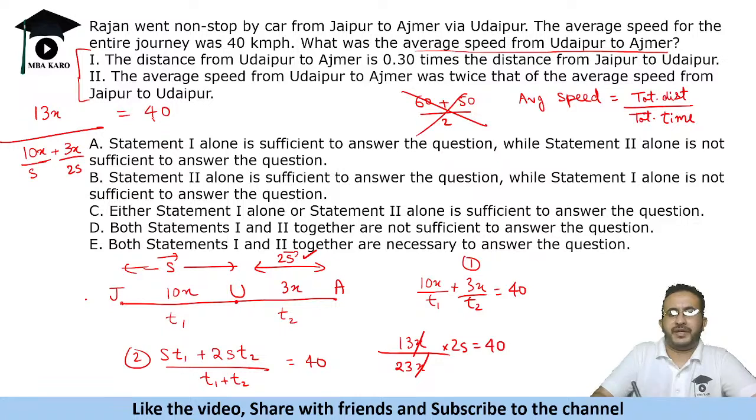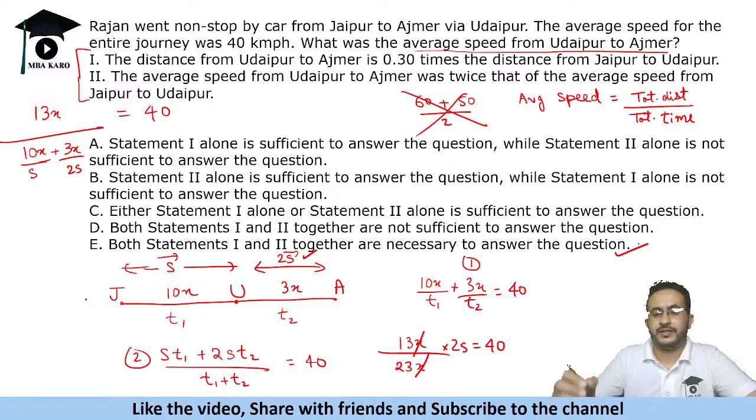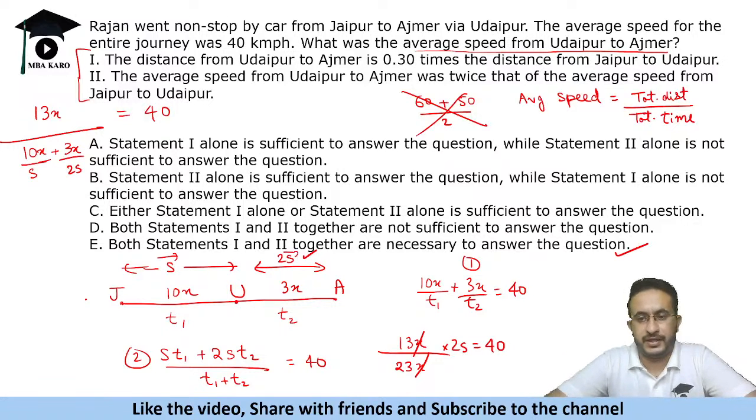So when we combine both statements, they can give us the answer. Okay, so ultimately the answer is, can we find the values? So from first we cannot find out because we will not know the time. Second case also the time is not known. Third case, since the ratio of distance, the value of distances is known, so we can find the total distance at total time.